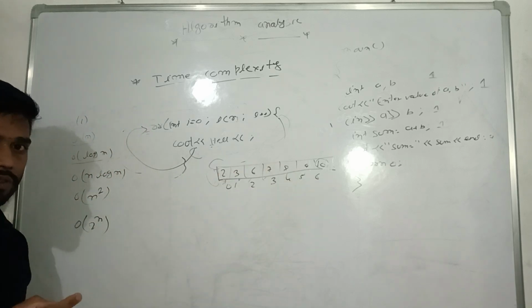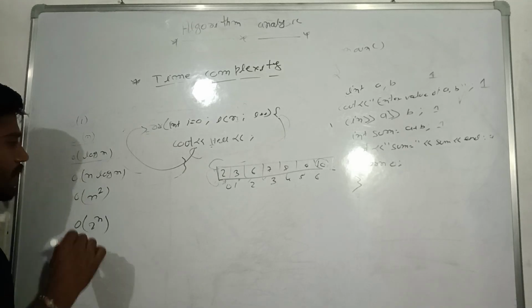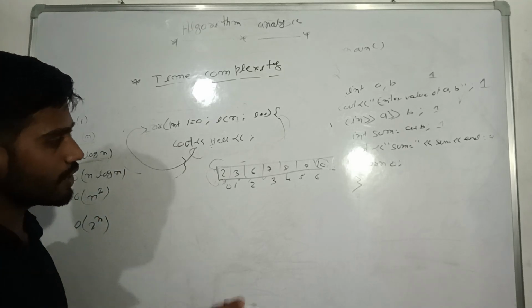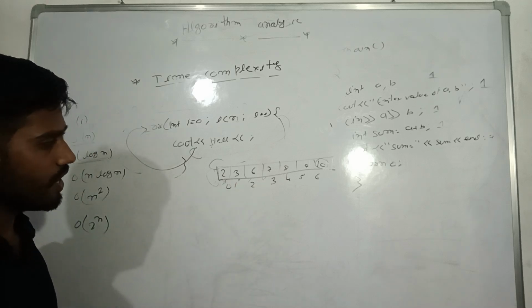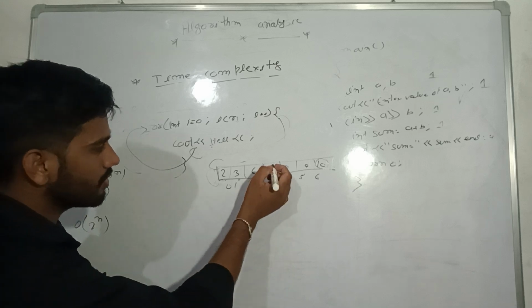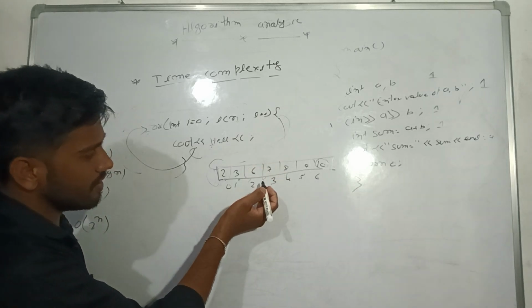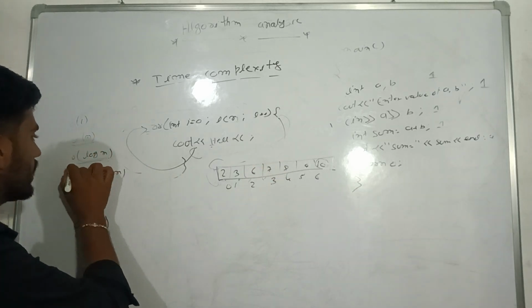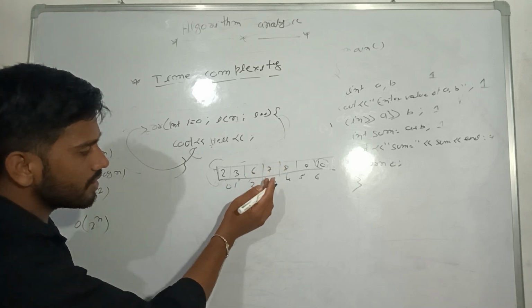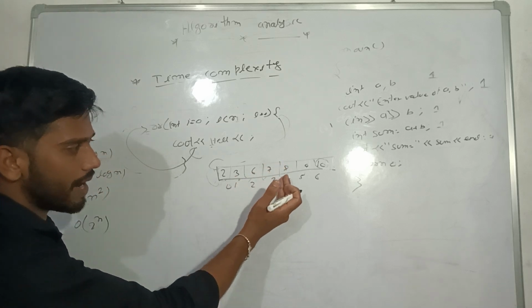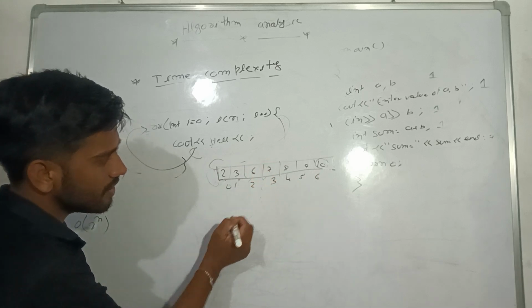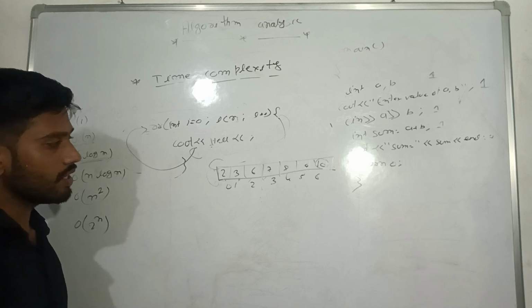But when we use log n time complexity, the time will be reduced. Suppose here we implement binary search. When we implement log n time complexity, the array will be divided into two parts, then again into two parts. Suppose you check the midpoint.